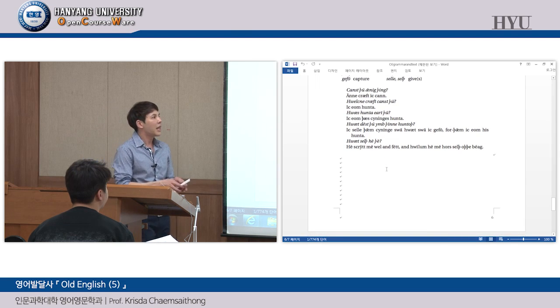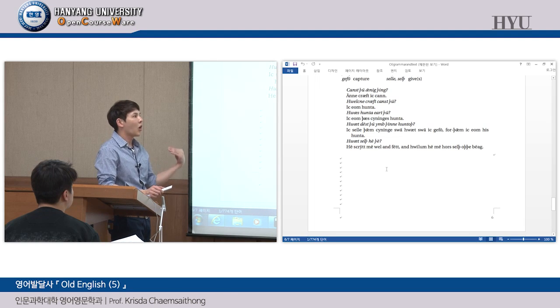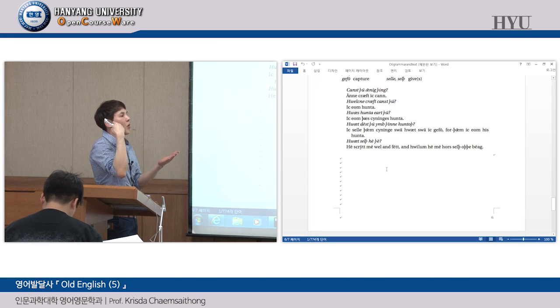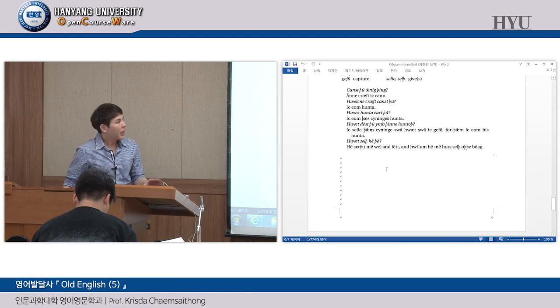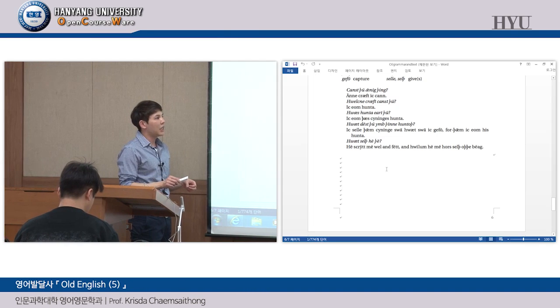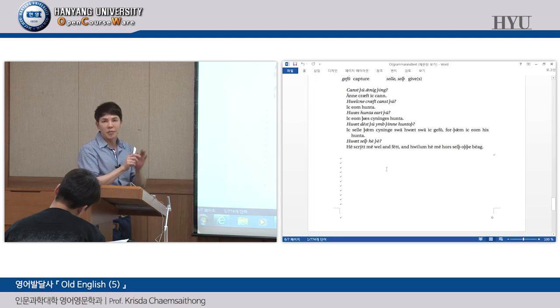So it means, and sometimes he sells a horse or rings to me, like that. In Old English, again, word order is flexible. You can see an indirect object before a direct object, and you can switch the order because it doesn't matter.